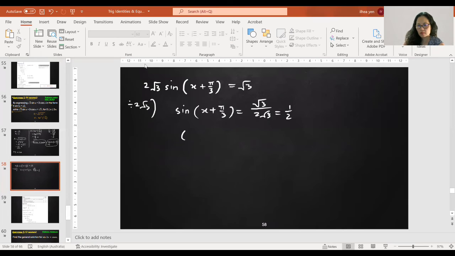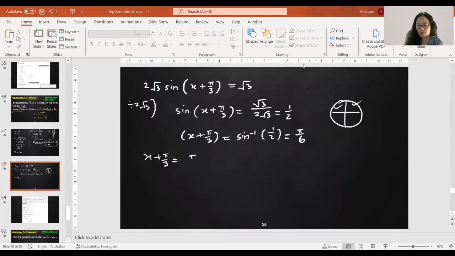Excellent. x plus pi on 3 equals inverse sine of half. Okay, which angle has a half? It's 30 degrees, pi on 6. Which quadrant is that? It's positive, so it's going to be first and second. x plus pi on 3 equals pi on 6.